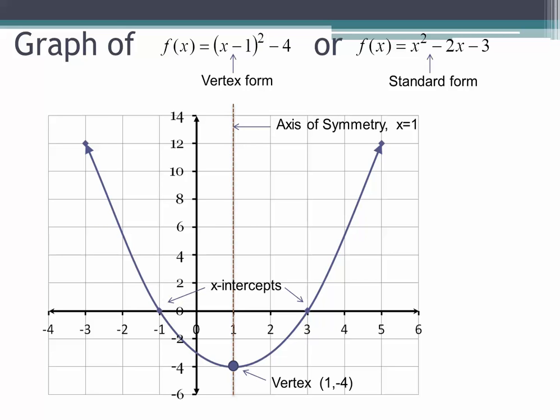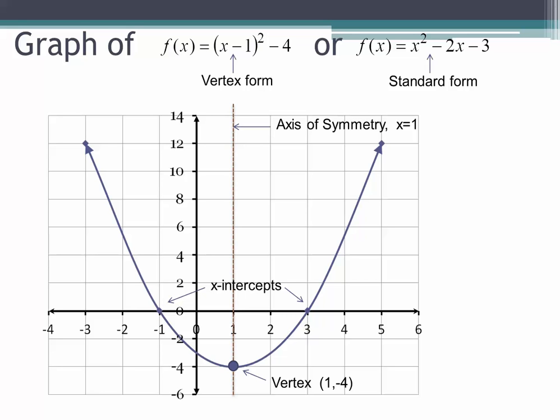Given the equation f of x equals x minus 1 squared minus 4, this is in vertex form. The standard form of this exact same equation, which you could find by squaring the x minus 1 using the FOIL method and combining like terms, is f of x equals x squared minus 2x minus 3.